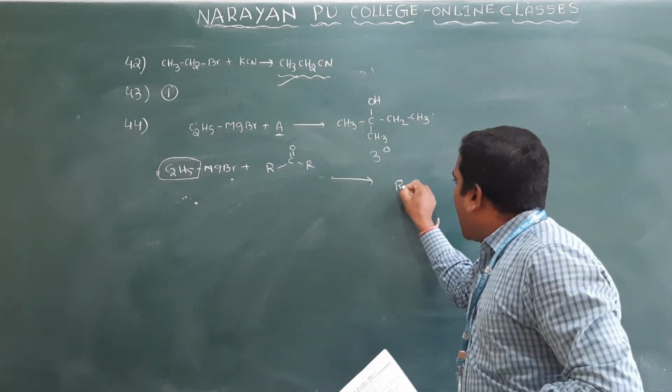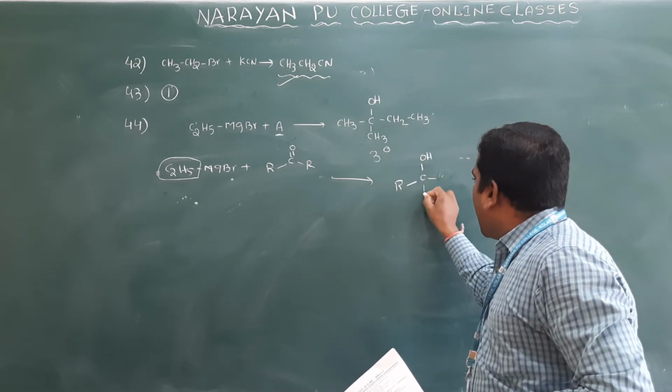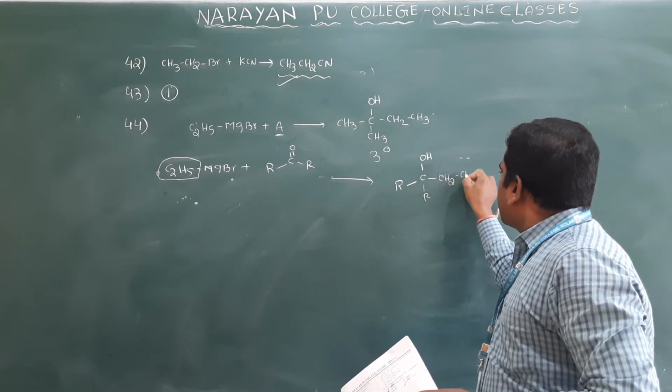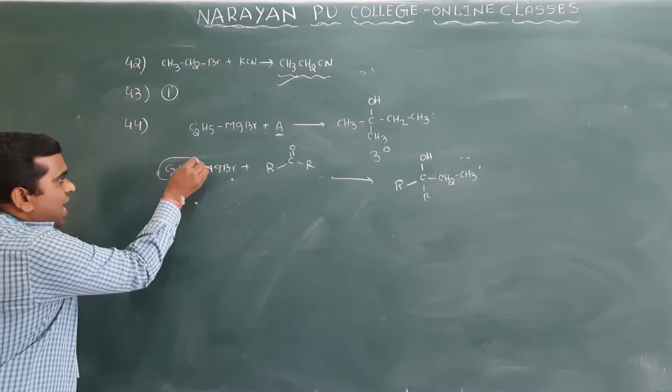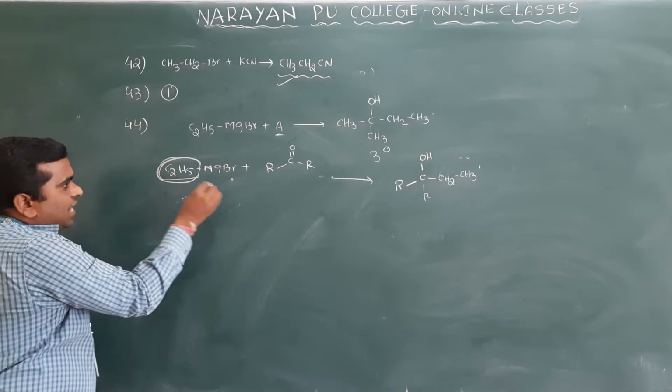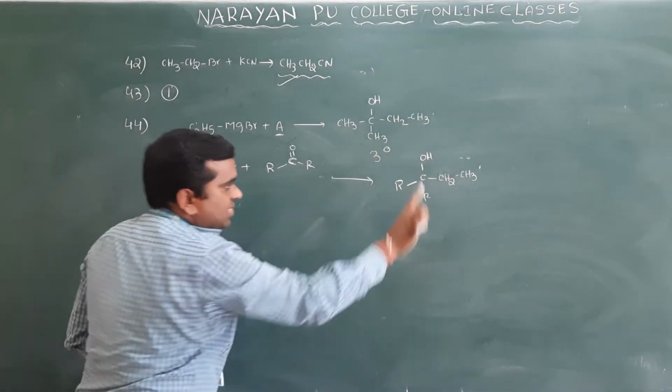Then R, R, COH, and the other is C2H5. This is the product. How to write the direct product: the alkyl group should be added to the double bonded carbon and O becomes OH. That is the direct product.